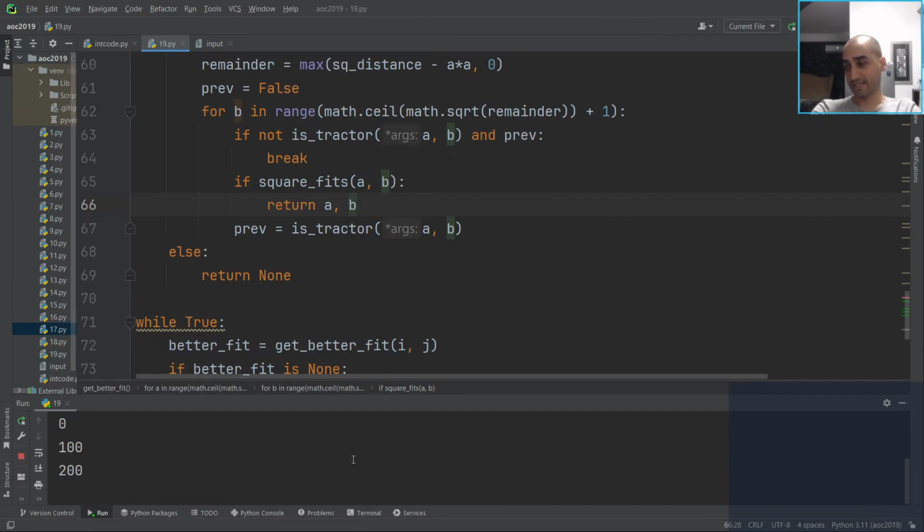I don't know. Maybe the better way is not to start from an arbitrary fit, but just increase the radius until we find the radius for which... well, this is going faster now, so this might actually work.